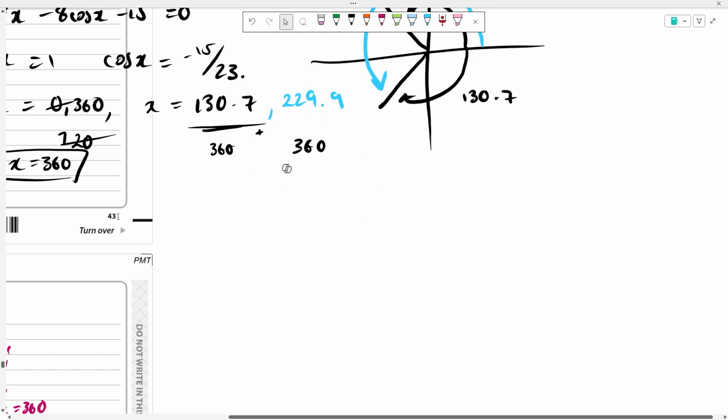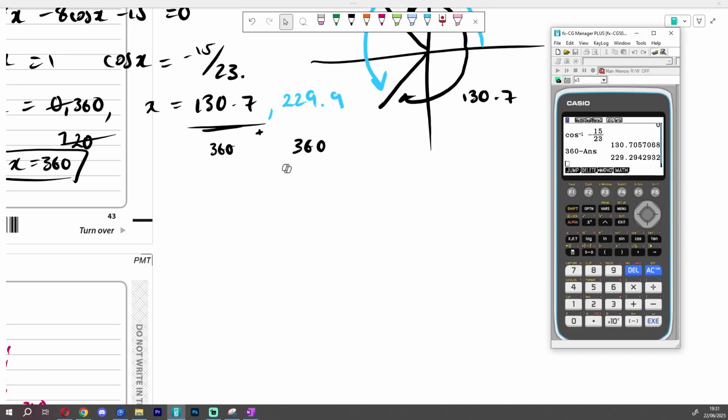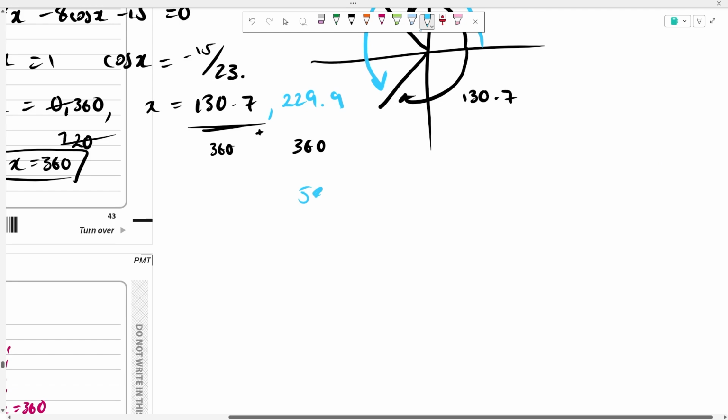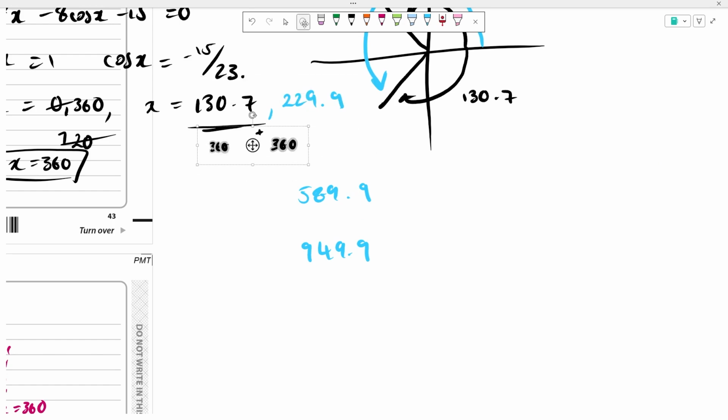So you can add 360 to both of these, and that will start to give you some more values. So if I add 360, this would be 589.9 and 949.9 for the right hand side.